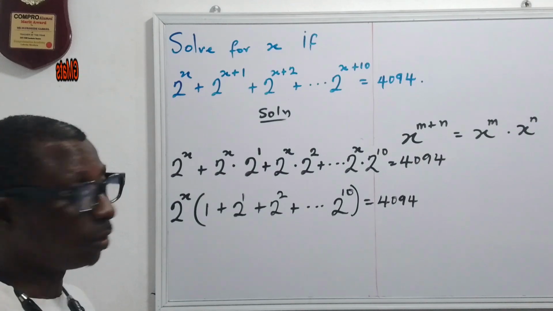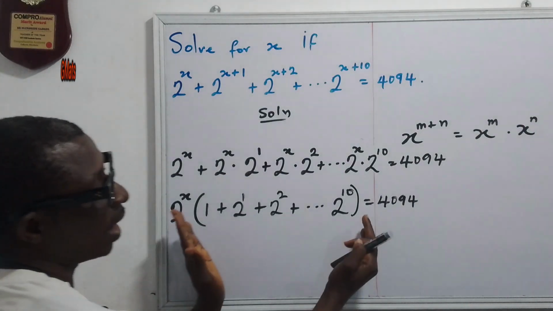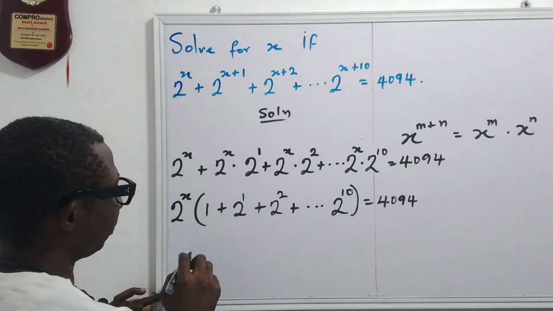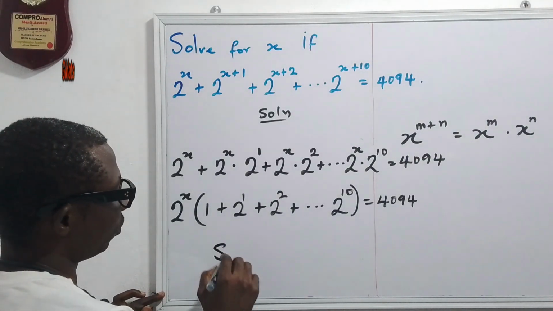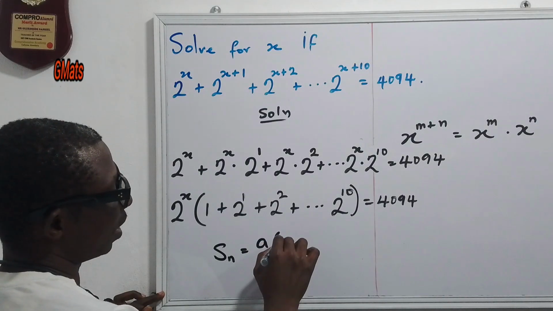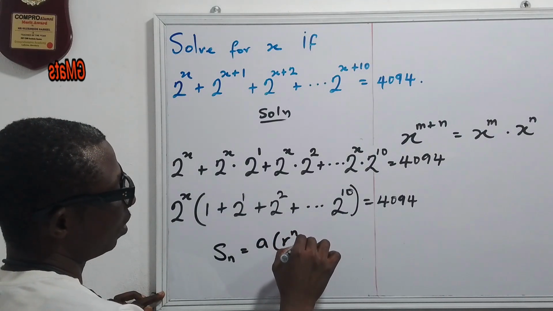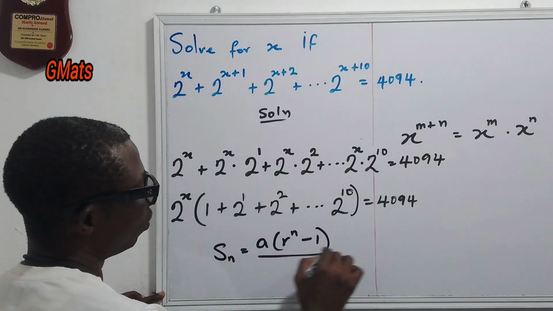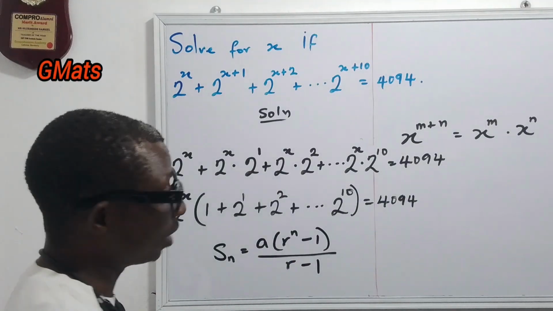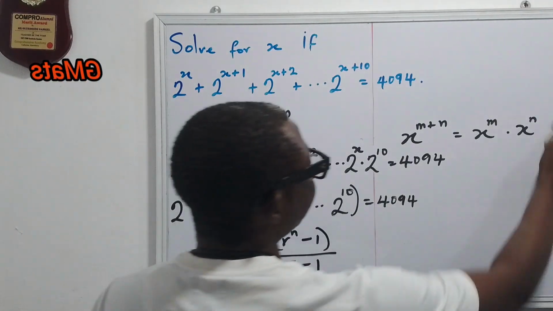So we're going to be making use of this formula to add everything together. We're going to be making use of Sn equals a times r raised to the power of n minus 1, over r minus 1.